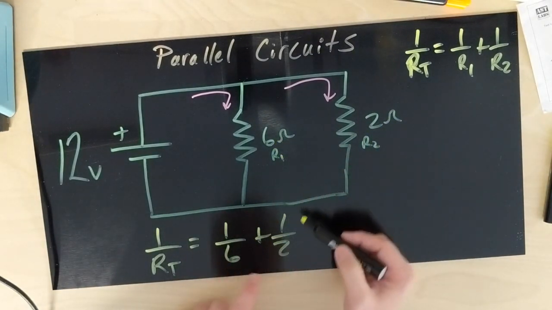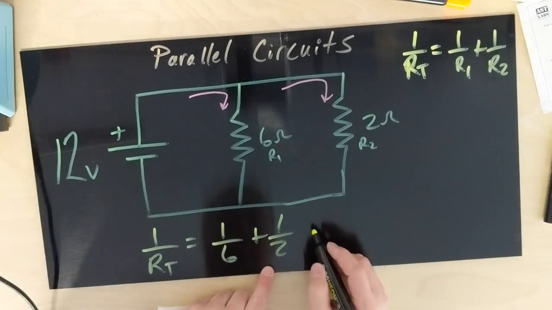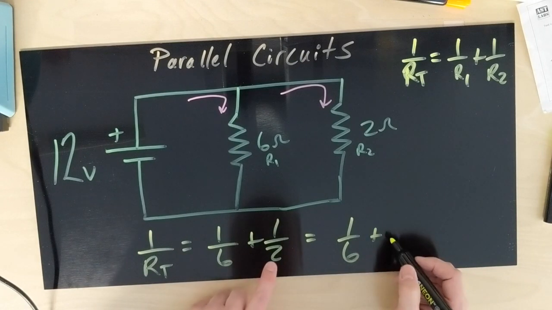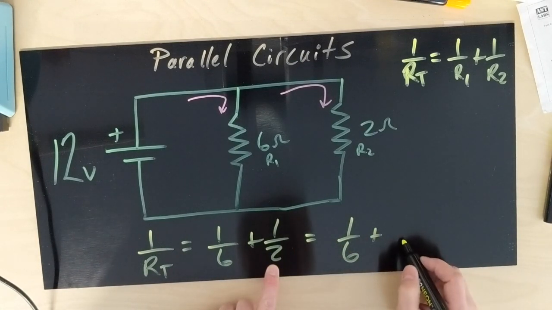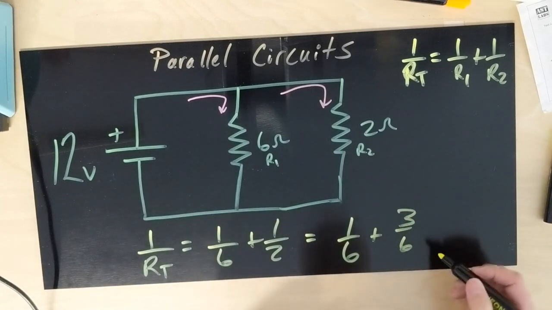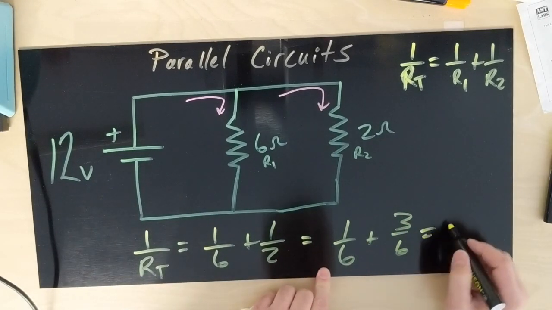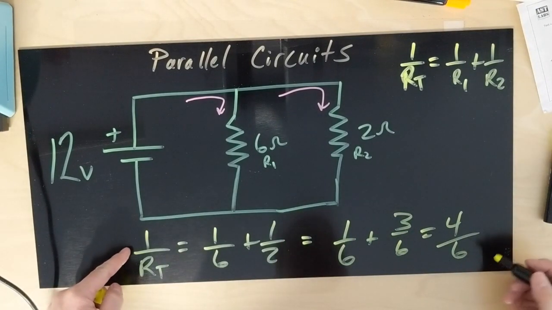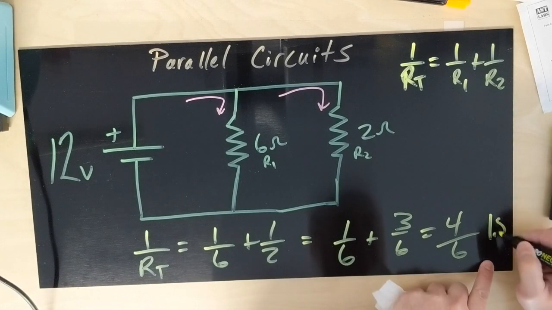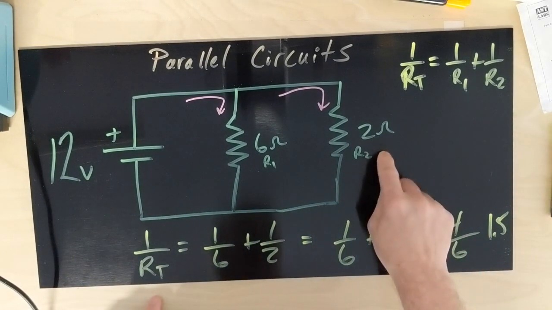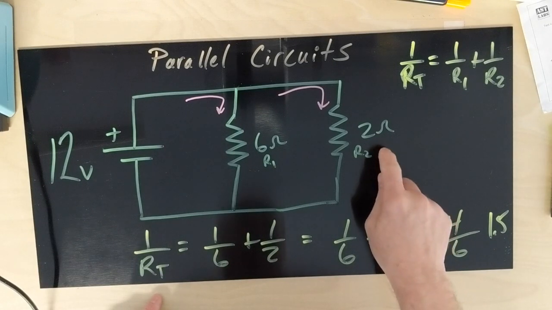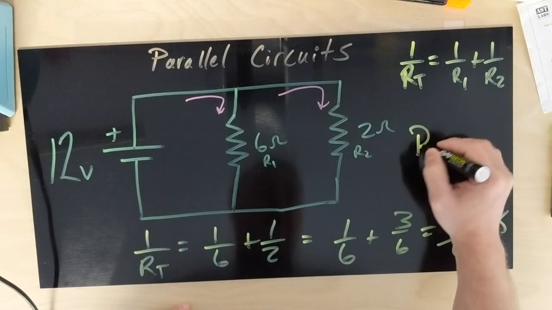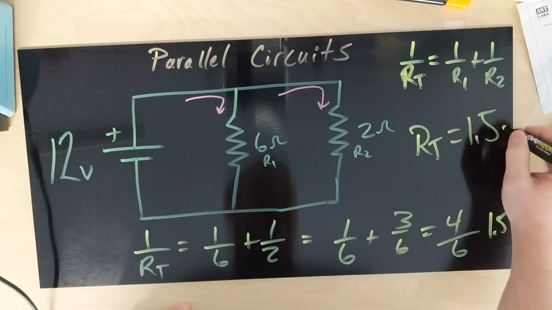So 1 over R1 and 1 over R2, which is the same as saying 1 over 6 plus, we have to make that 2 compatible, the same as any fraction when you're adding. So we end up with 4 over 6, but remember it's the reciprocal, so we end up with 1.5 ohms. So remember, we always have less resistance than our lowest resistor in parallel, so that we know that our RT is equal to 1.5 ohms.